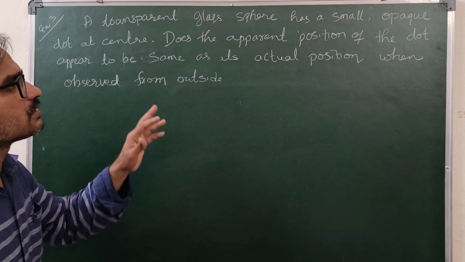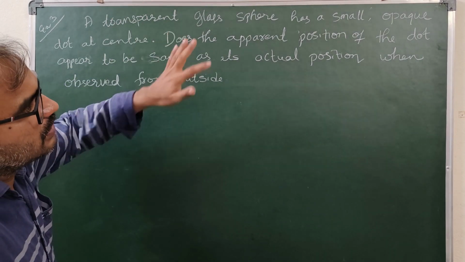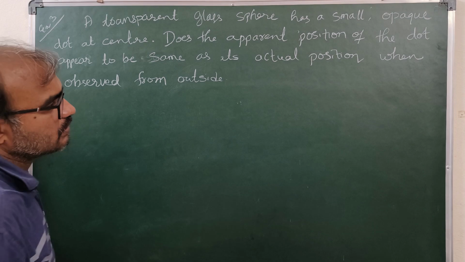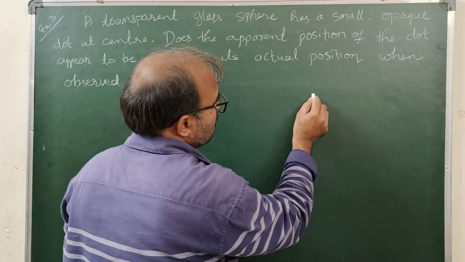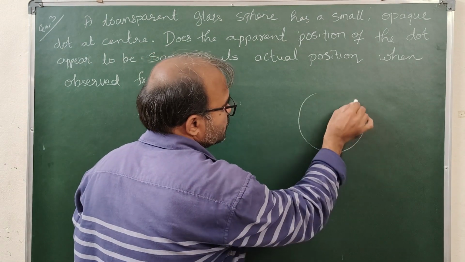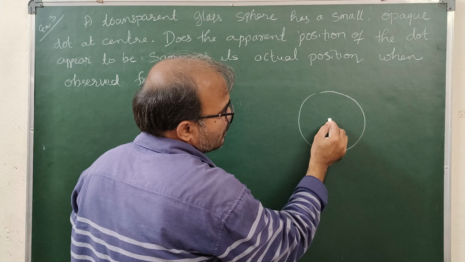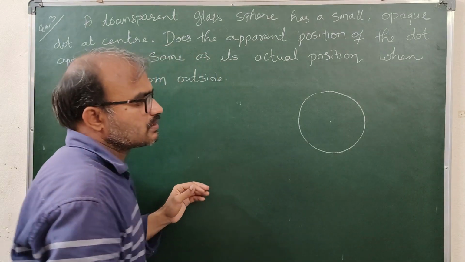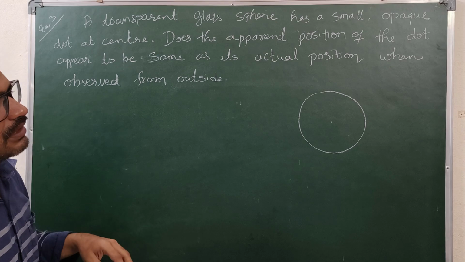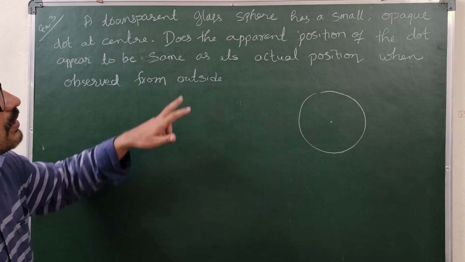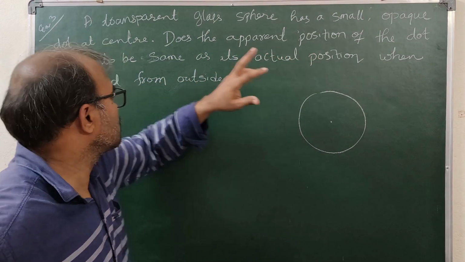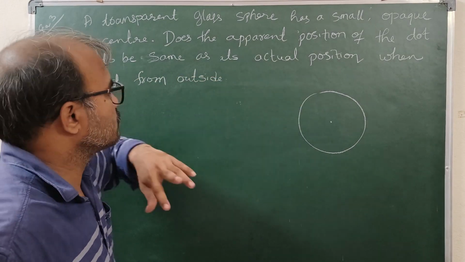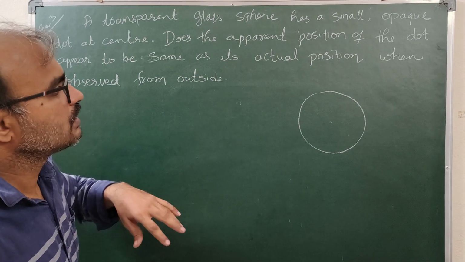The question says a transparent glass sphere has a small opaque dot at its center, right? So let us consider a sphere. It has a small opaque dot at its center. Does the apparent position of the dot appear to be the same as its actual position when observed from outside?